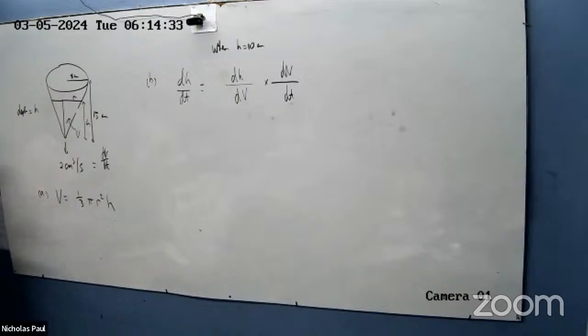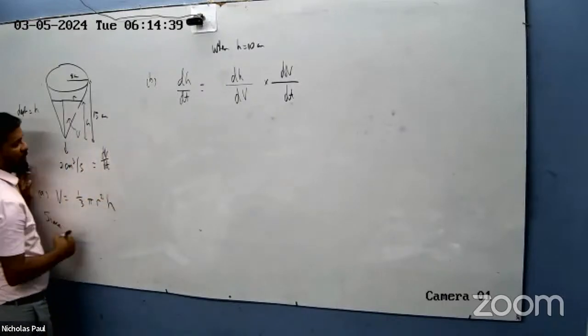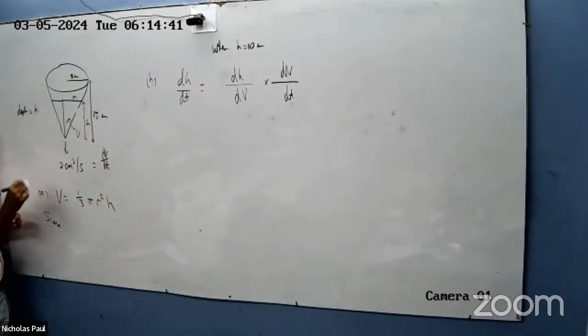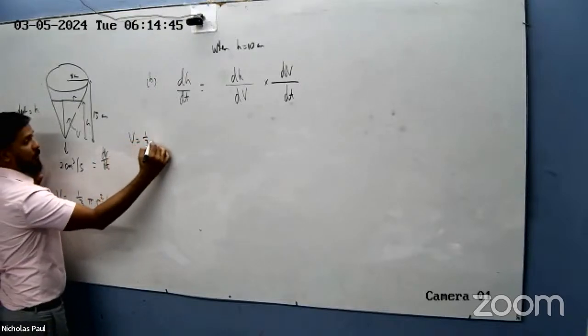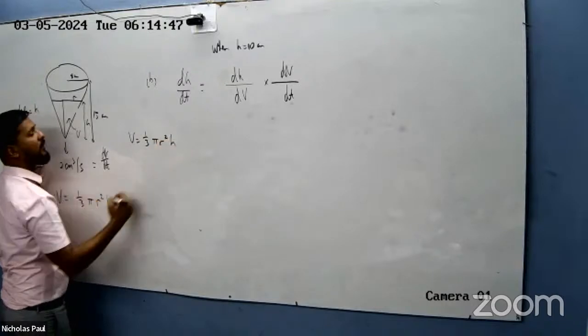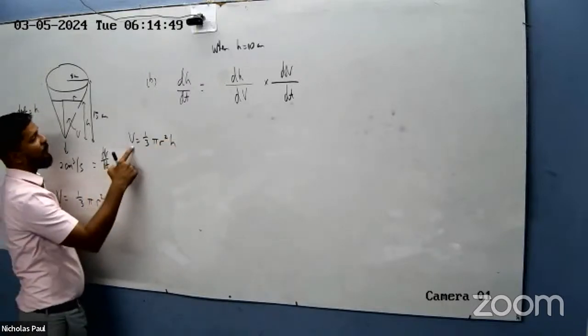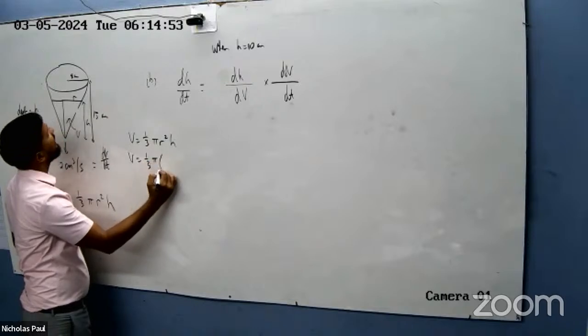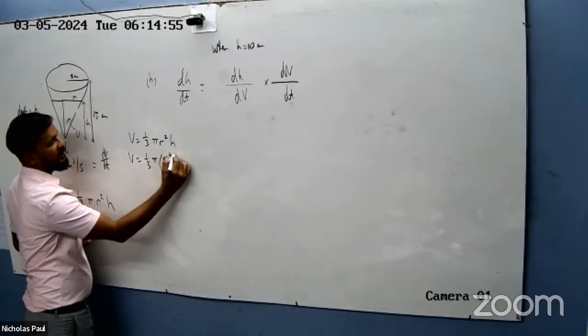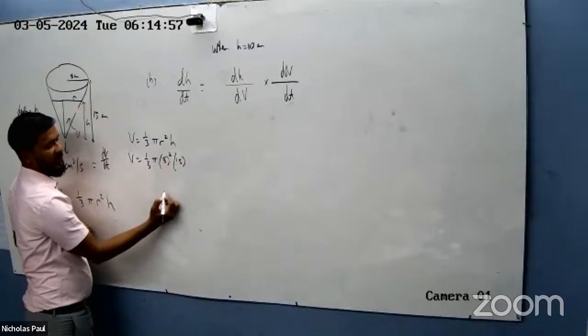All right, so here's how we can do it. What will be the original volume? Remember, V would have been the same equation, 1/3 pi R squared H. V would have been 1/3 by pi by R, which is 8, squared, by H, which is 15.